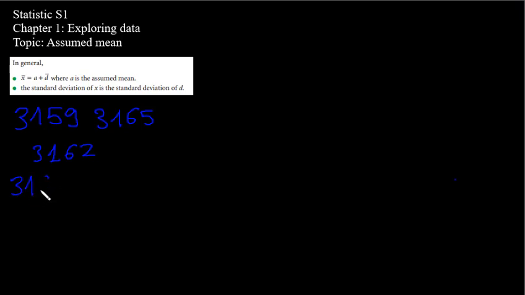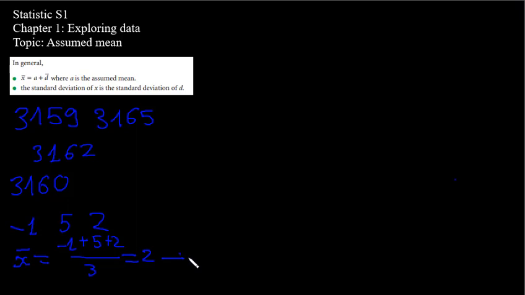Here I will take x minus my assumed mean, so I have a new set of data: minus 1, 5, 2, which is really simple and easy to work with.